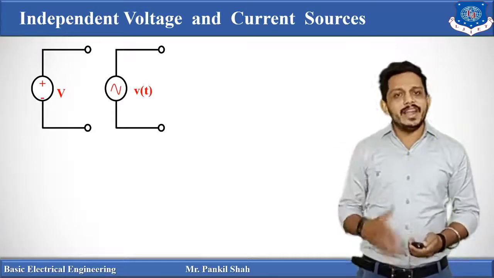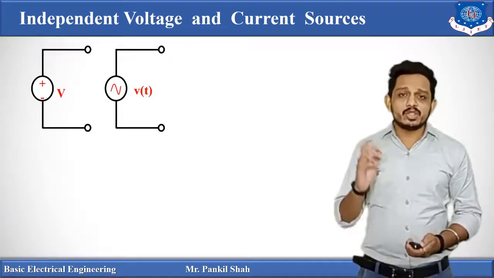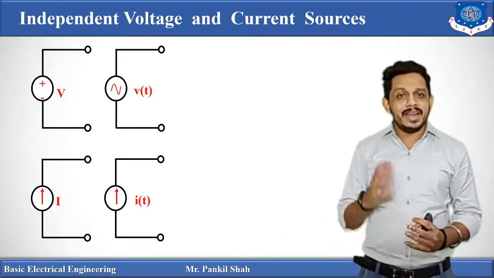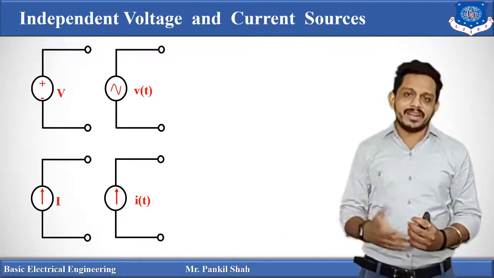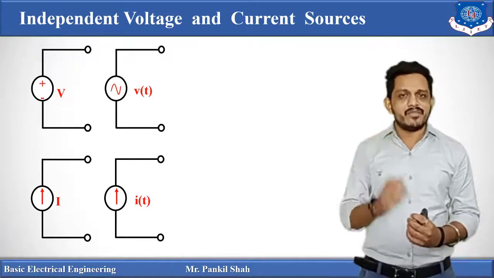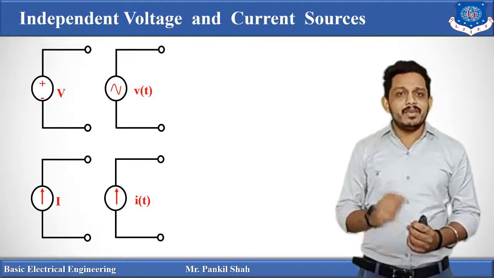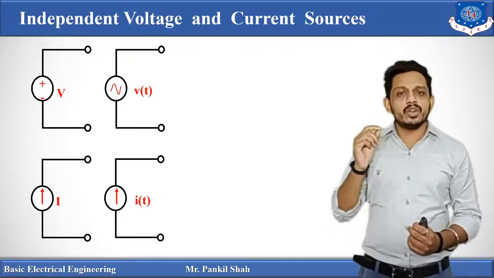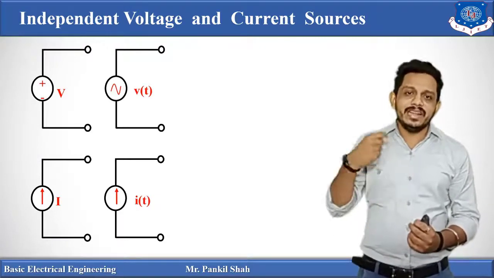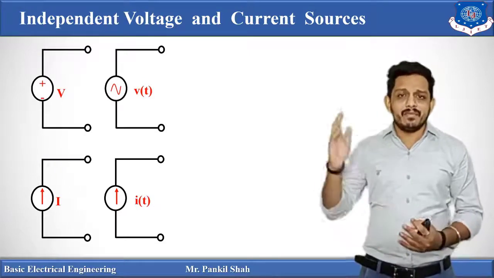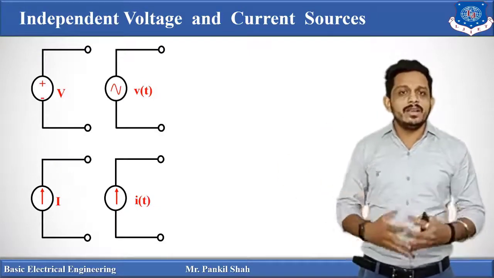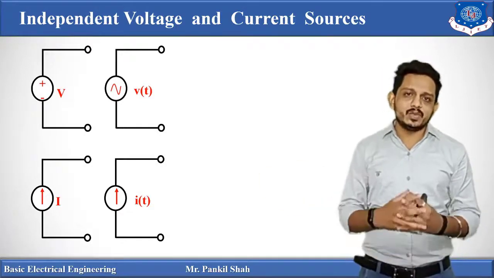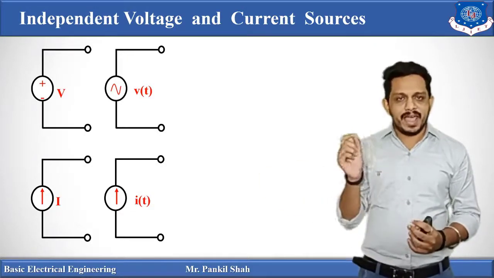Now let's see the independent current source. In case of independent current source, you can see these two figures. Again we will use one circle, and inside that circle we are using one arrow, and that arrow represents the direction of current flowing through that current source. Direction can be upwards or downwards according to the construction of that current source. So you can see that there is one current source given and one arrow is also given.